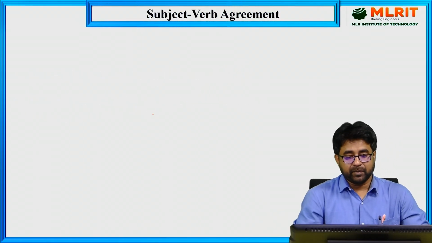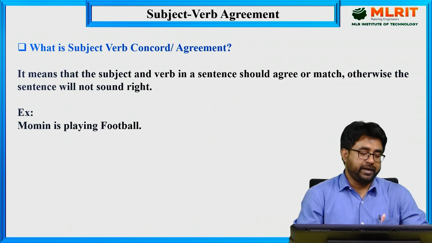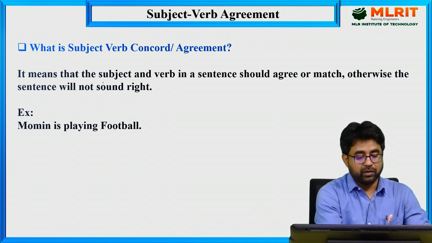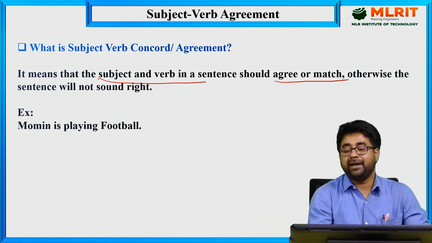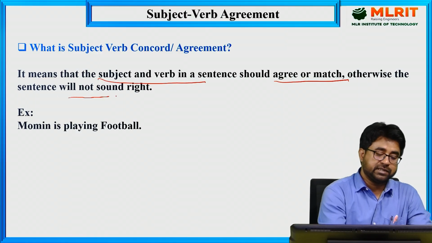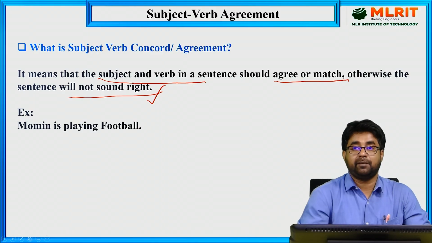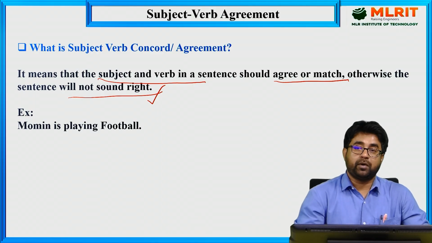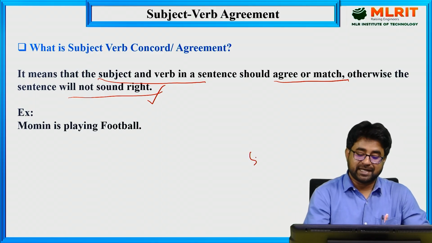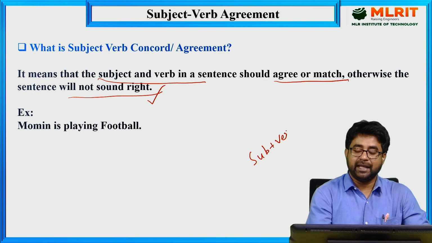Fine. Now, what is subject-verb agreement? It means that the subject and verb in a sentence should agree or match. Otherwise, the sentence will not sound right or it won't be grammatically right. So, two important aspects. First of all, subject and verb should agree with each other.